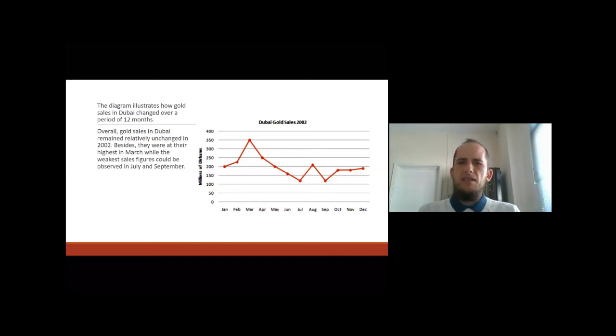So that means, just from that overview, if I'm selling gold in Dubai, and now Sultan has said it does remain unchanged in the end, and overall gold sales in Dubai remain relatively unchanged, I'd be able to go on holiday in any month of the year because the gold sales don't change.